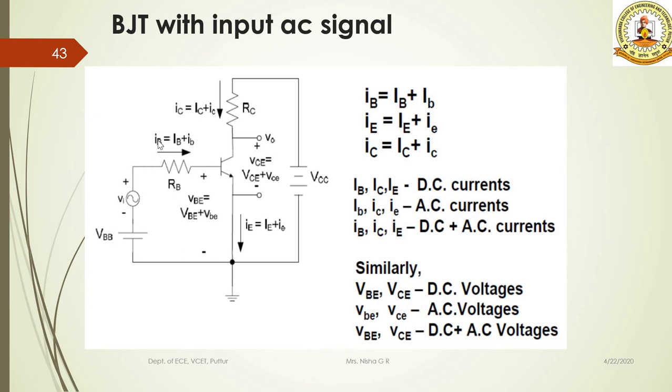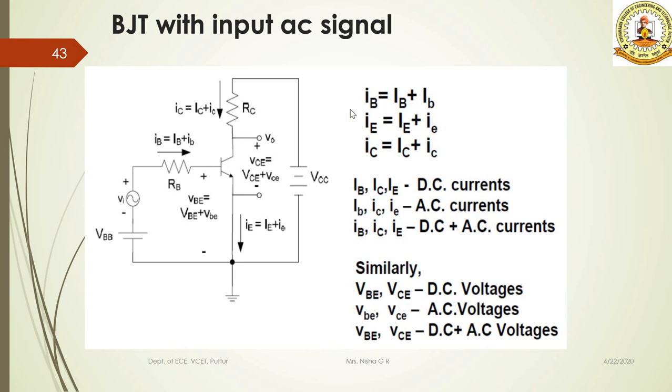So I can say IB, that is a bias current or instantaneous current, is a combination of the AC component and the DC component. In this figure, just to understand which are the AC components, which are the DC components and what are the instantaneous values, I have shown this picture.